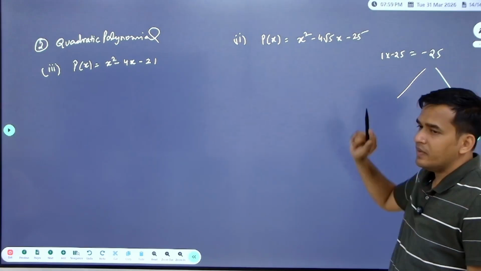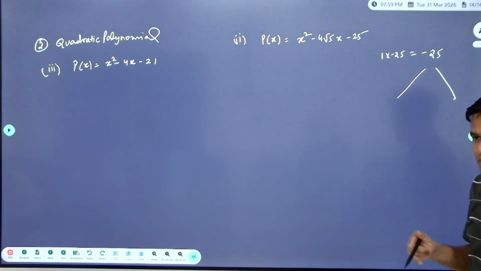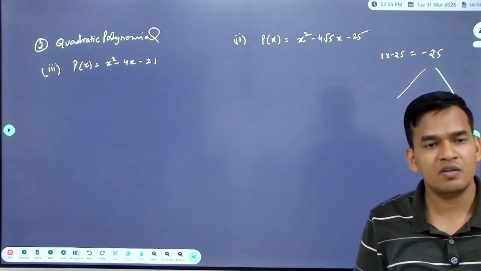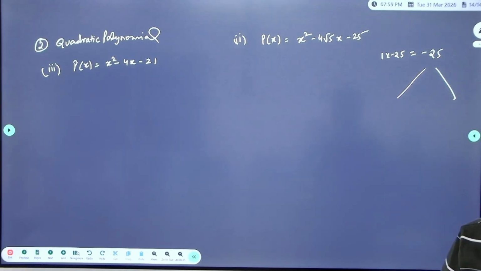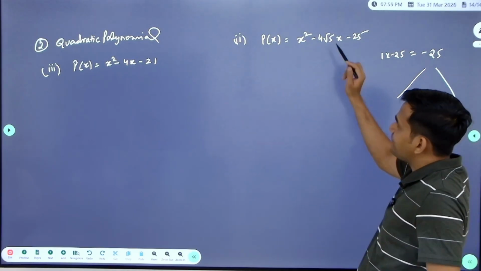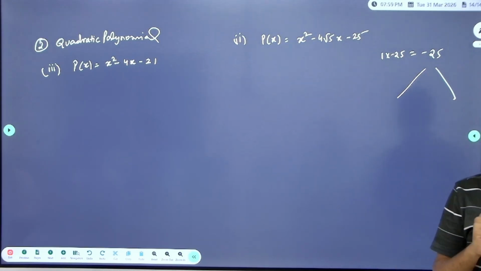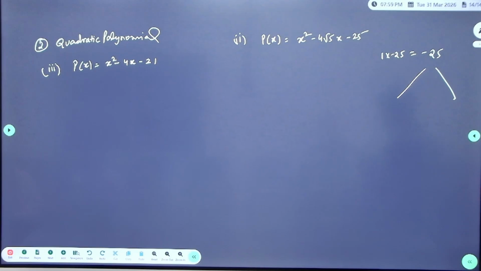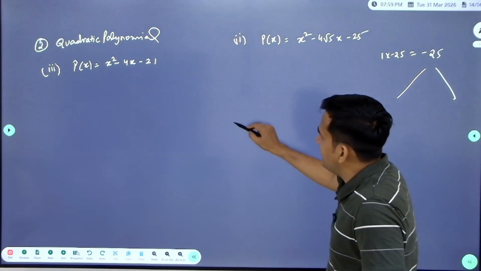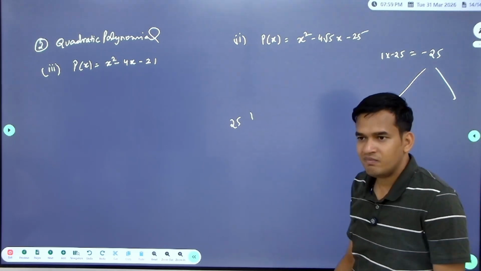But when we look at the middle term, see the factors of 25 are 5 and 5 or 1 and 25, these two are possible factors. But the middle term is 4 root 5. If you take 25 and 1, is it possible?